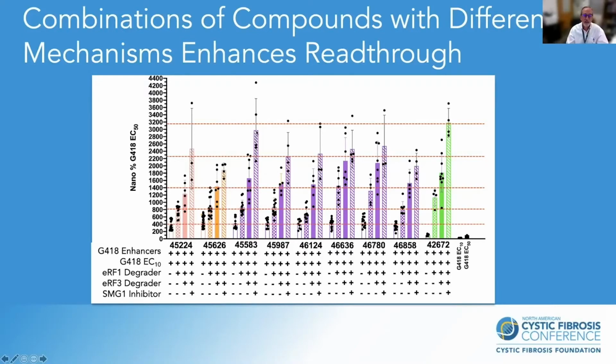And now, instead of being at the 400% of the G418 EC50, we're climbing up to 2,000 to 3,000% of the G418 EC50. So it's clear that we can direct much more efficient read-through if we hit the ribosome, the translation termination machinery, at different mechanistic levels.